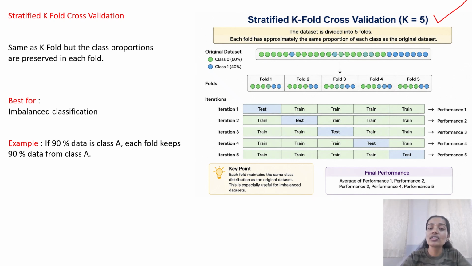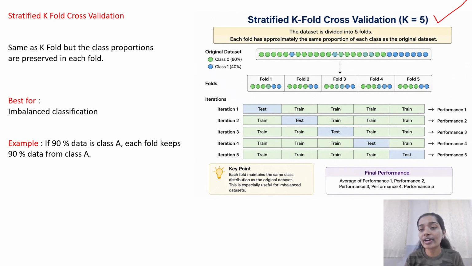To avoid this, we have stratified k-fold cross validation, where the proportion of the classes is seen in folds as well. So in all these folds, out of 5, 60% will be from class 0 and only 40% will be from class 1. Again, the working is the same as k-fold cross validation: train on k minus 1 folds and test on the remaining fold.